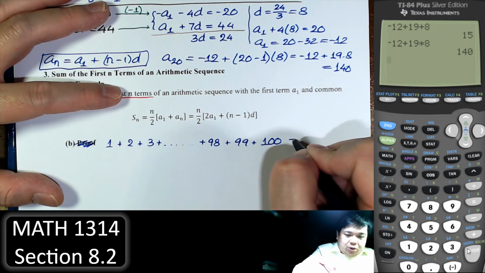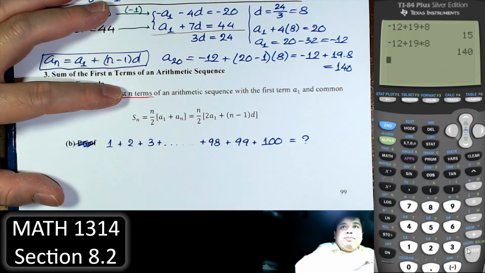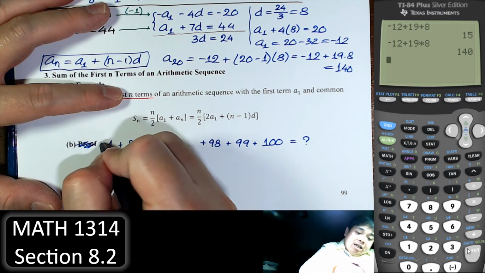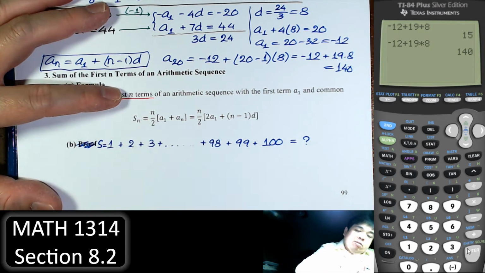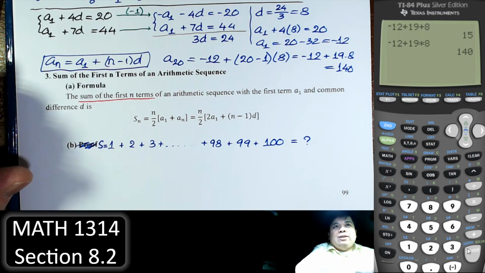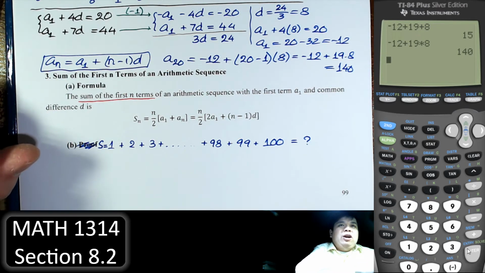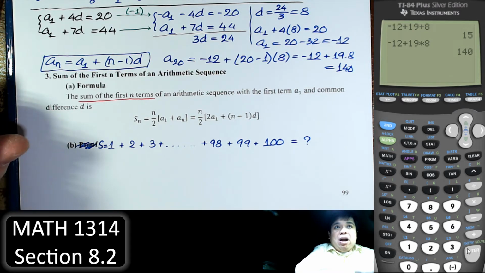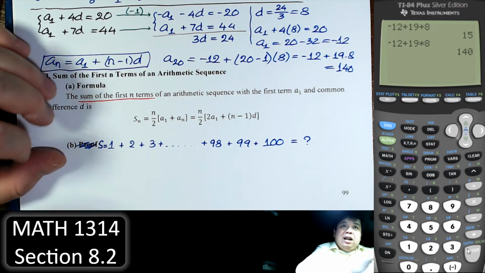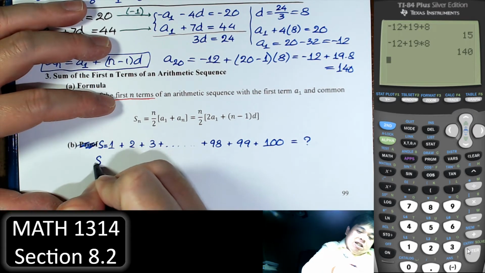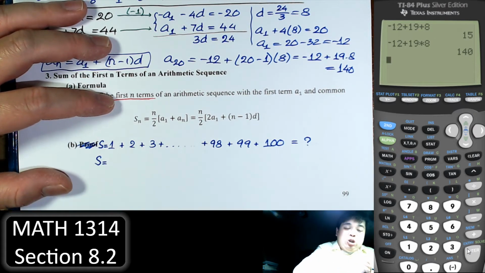What's that equal to? For that, let S be the sum, right? What's that equal to? Now, of course, we can add everything by hand, but the classic solution is genius.